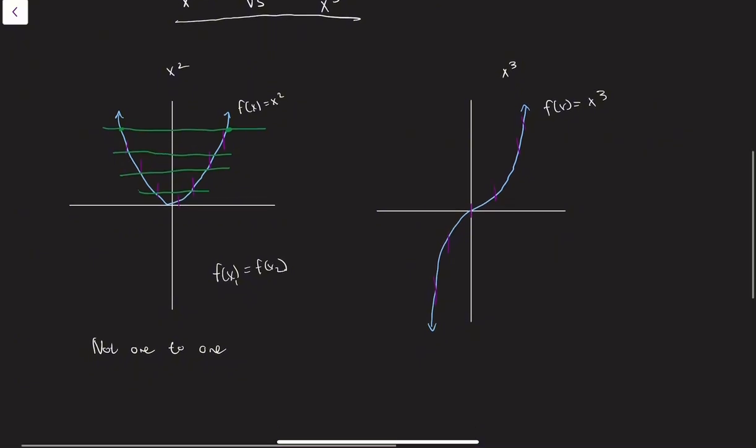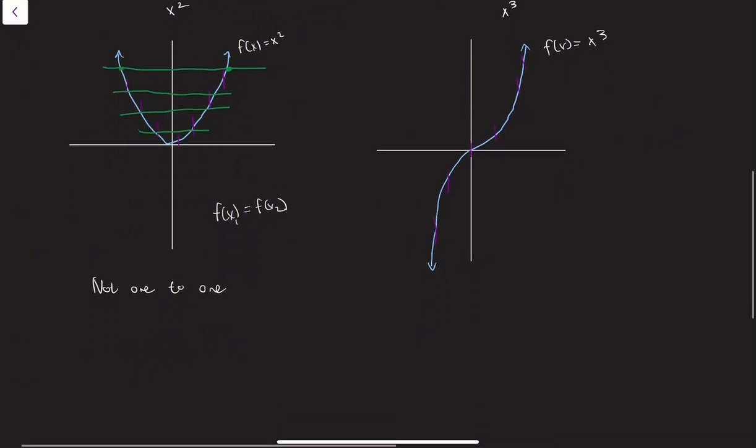For example, f of -1 is equal to -1 squared, which is equal to 1, and f of 1 is equal to 1 squared, which is equal to 1. So we have two different x values corresponding to the same output, so the function cannot be one-to-one.